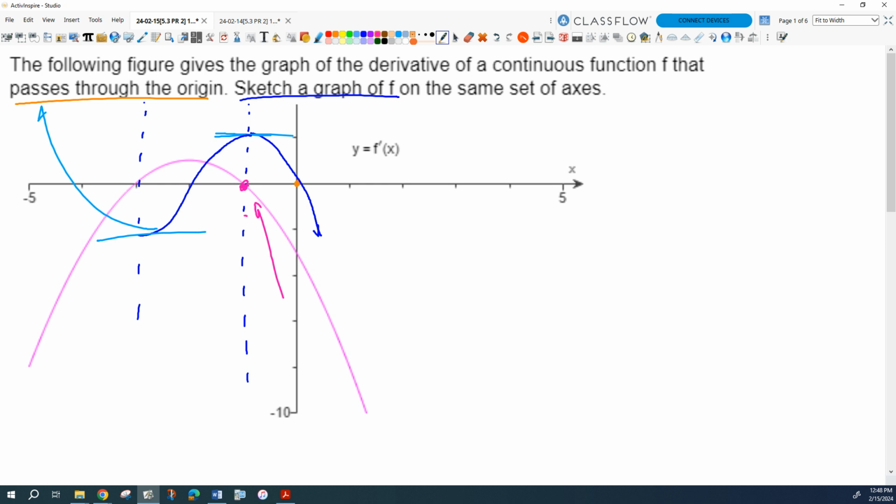Everybody get that? Right? If you're just looking at the derivative function. How about this one right here? There's a 0 of the derivative where we're transitioning from negative values, so decreasing values, to positive increasing values. So that has to be a minimum, smooth minimum, because it travels through 0 there. Okay? Right?